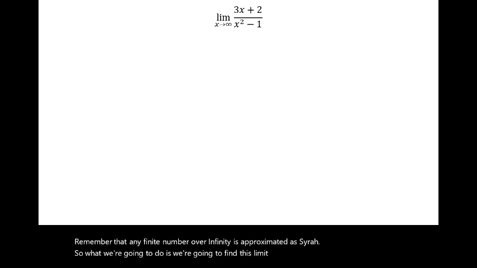So if you do an initial direct substitution, 3 times infinity plus 2 is infinity, over infinity squared minus 1 is infinity. So we have an infinity over infinity. No amount of factoring is going to help here, and I promise at this point in the course, here in Chapter 2, infinity over infinity can be dealt with by dividing every single term on the top and bottom by the highest power of x.